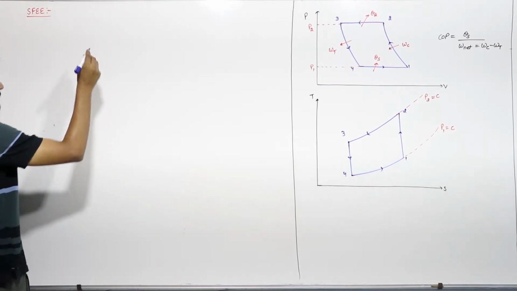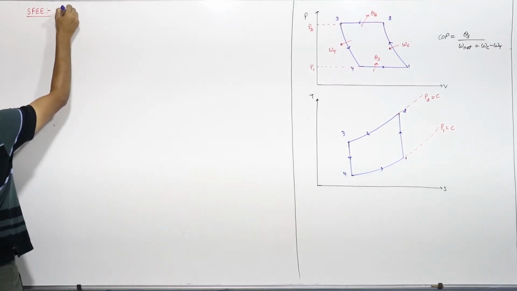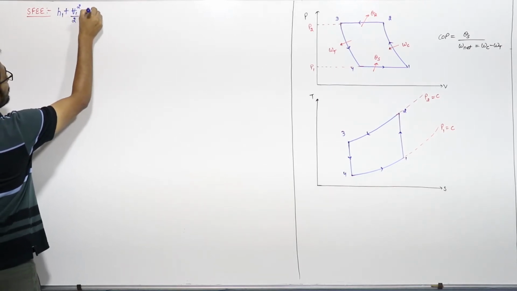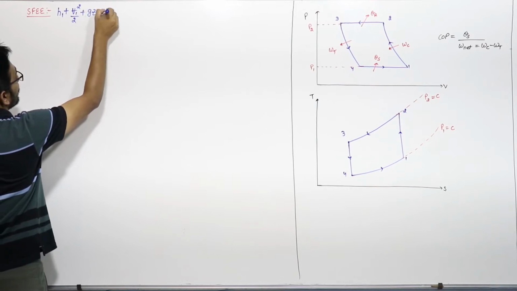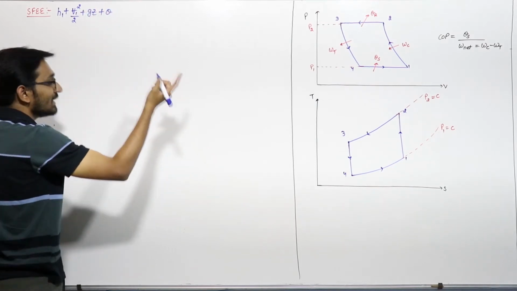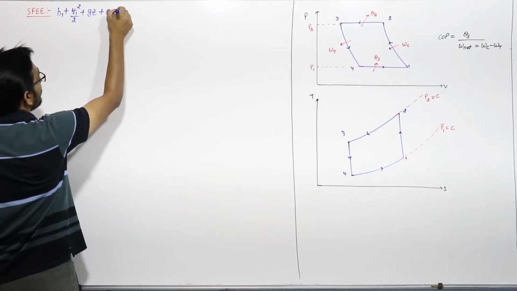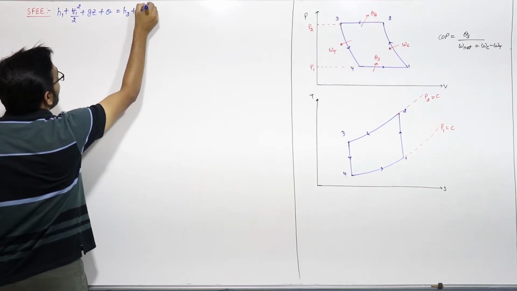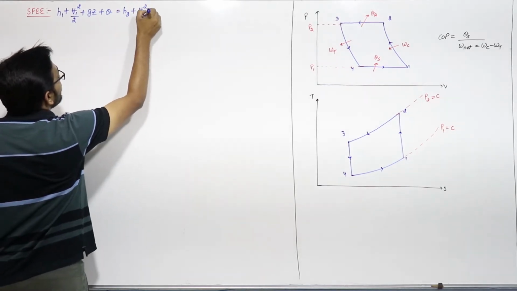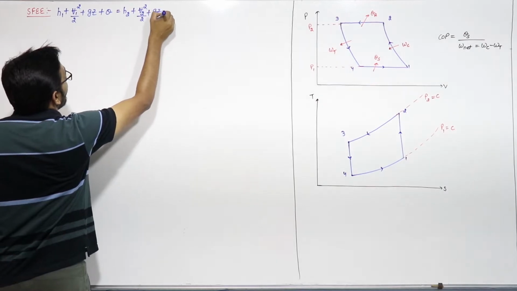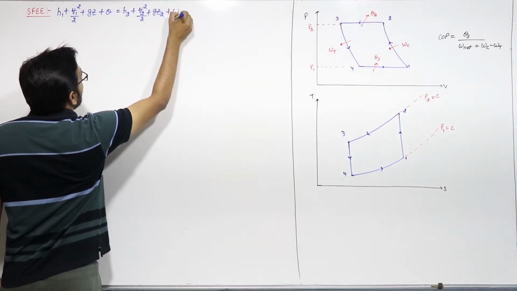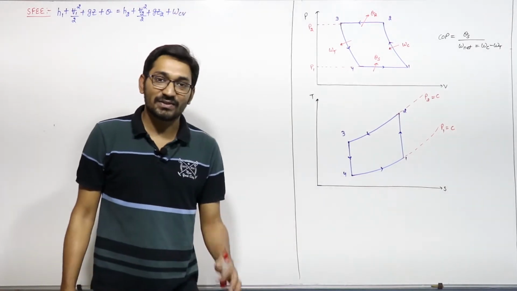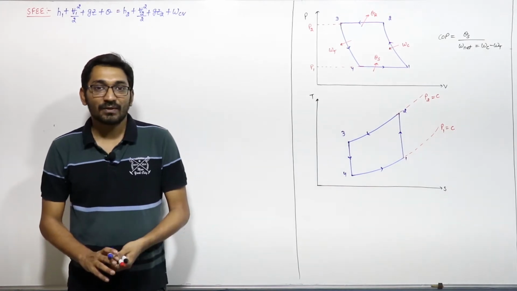The steady flow energy equation is h1 plus V1 square by 2 plus g z1 plus heat added to the system per unit mass, equal to h2 plus V2 square by 2 plus g z2 plus work done by the control volume, W_CV. This is the steady flow energy equation, you know this, right?